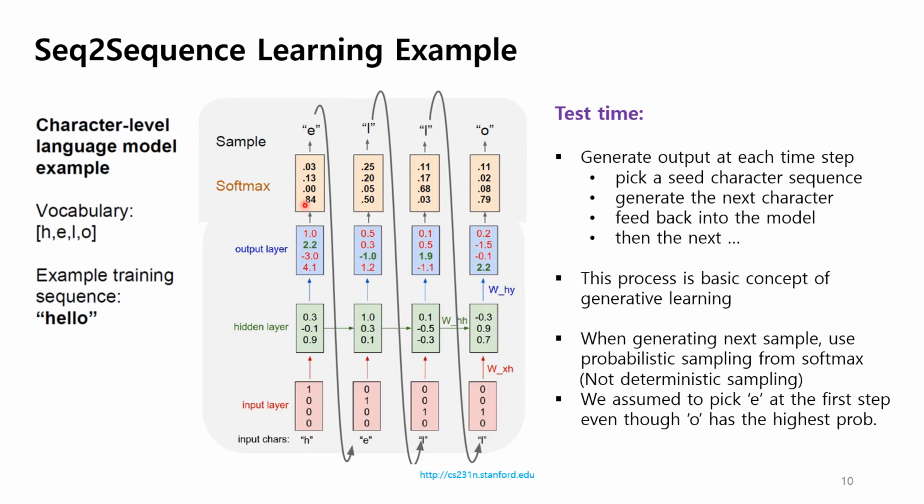The reason is that probabilistic sampling is better, because it gives you more diversity.